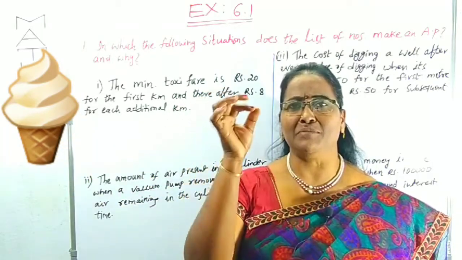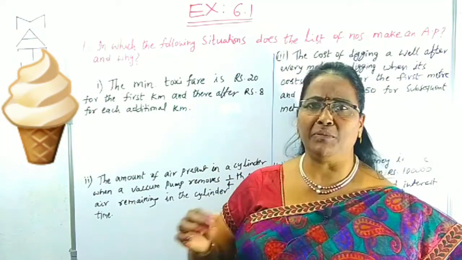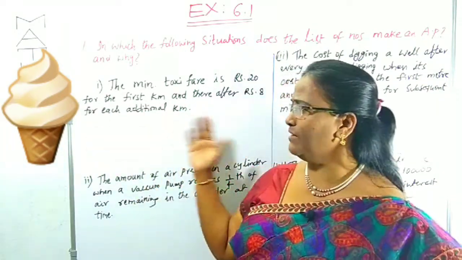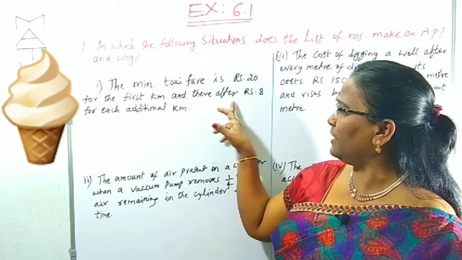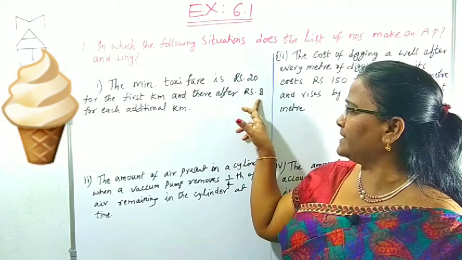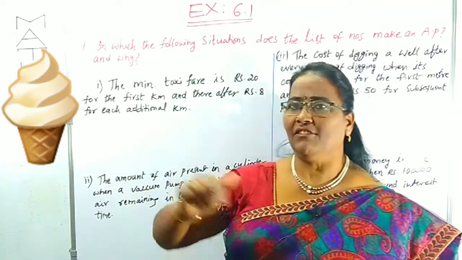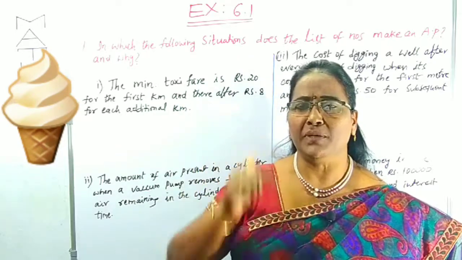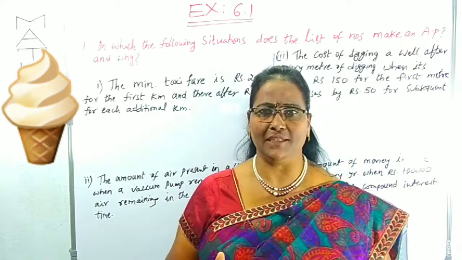That will be the first minimum fare, starting with the minimum fare. Then for each kilometer it will be rising. The minimum fare here is ₹20, and thereafter it will be rising ₹8 for each additional kilometer. After that, how much is rising? ₹8 for each kilometer. Is it clear now?